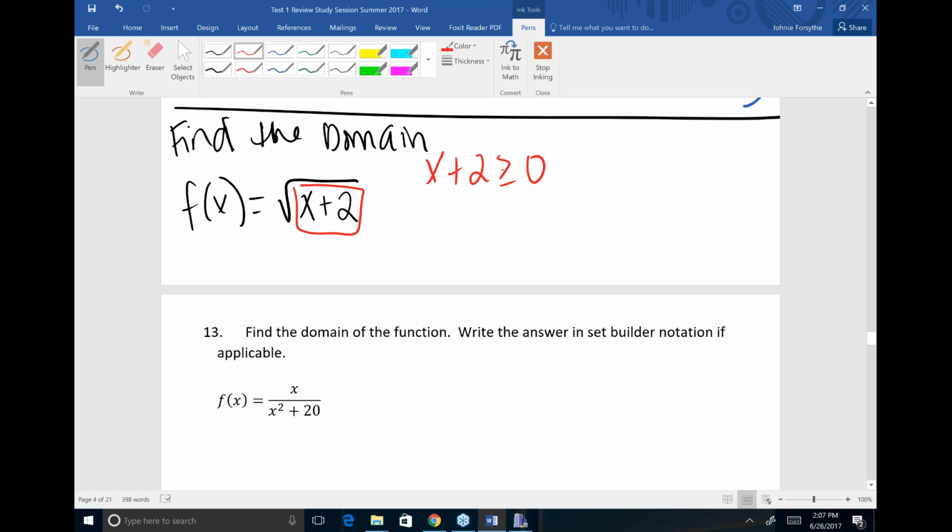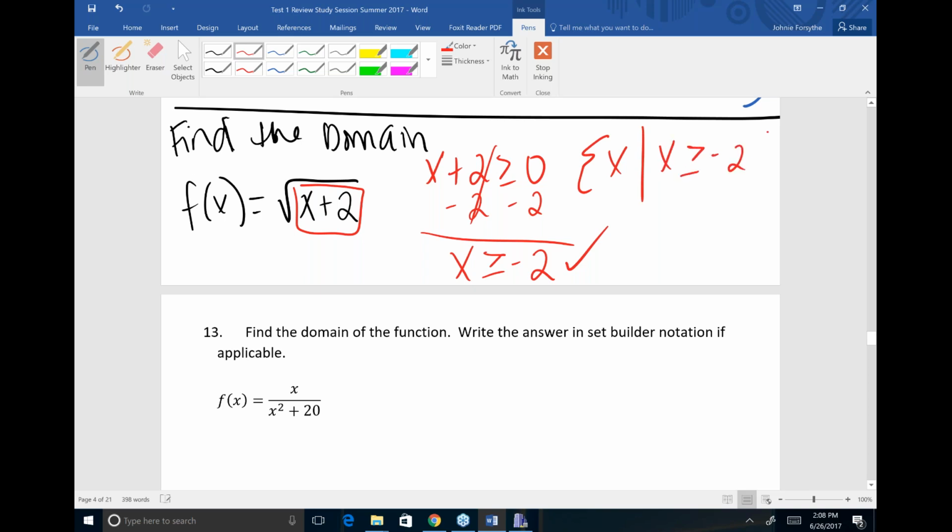So x plus 2 must be greater than or equal to 0. I subtract 2 from both sides. X is greater than or equal to negative 2. That's your domain. And to write that in set builder, that's it right there: x such that x is greater than or equal to negative 2. That would be your answer.